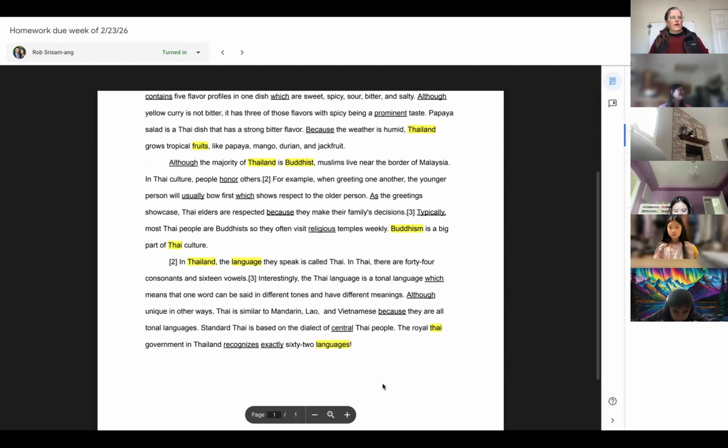Although unique in other ways, Thai is similar to Mandarin, Lao, and Vietnamese because they are all tonal languages. Standard Thai is based on the dialect of Central Thai people. The Royal Thai government in Thailand recognizes exactly 62 languages. Wow. So different than America. This is so different than America.